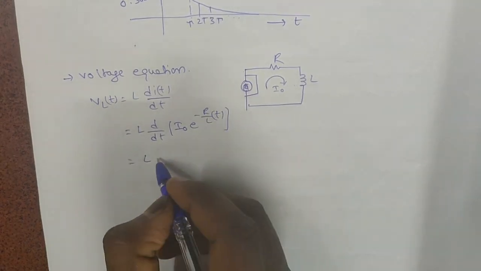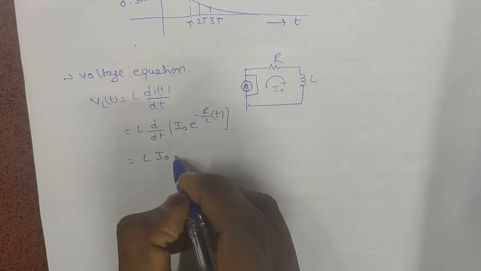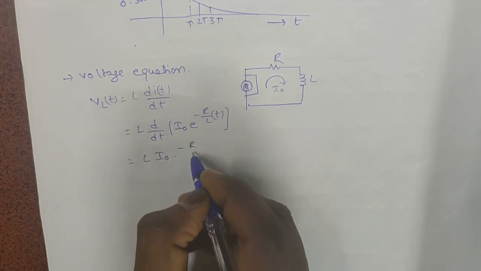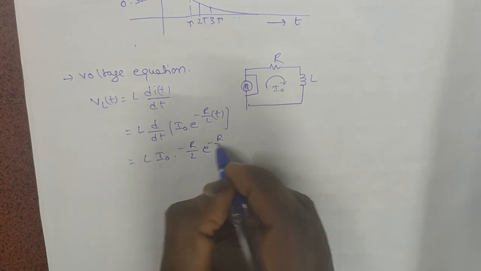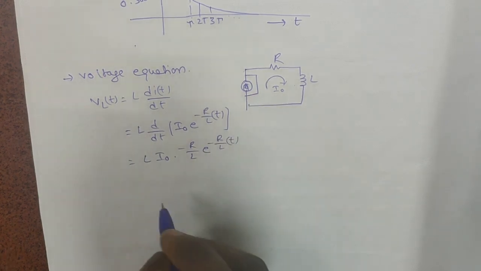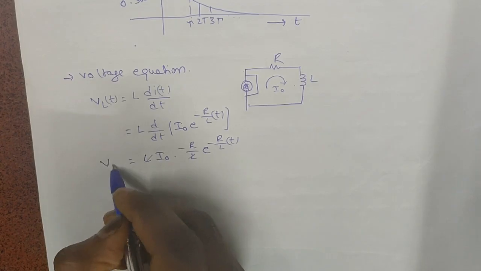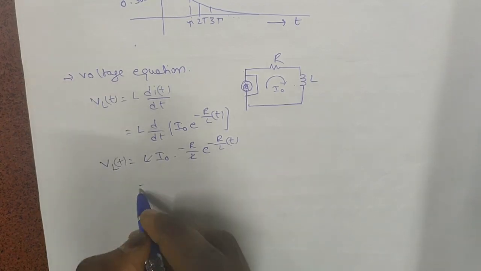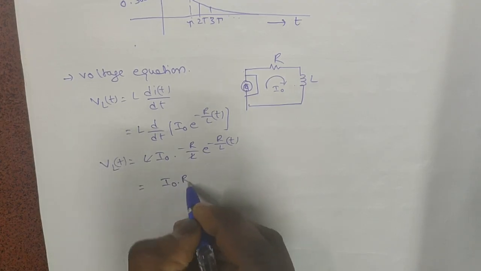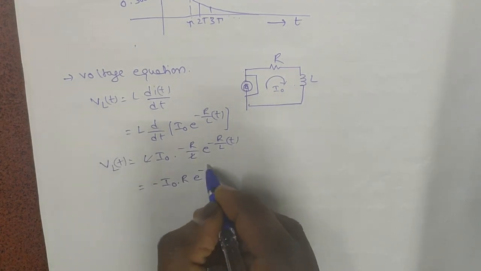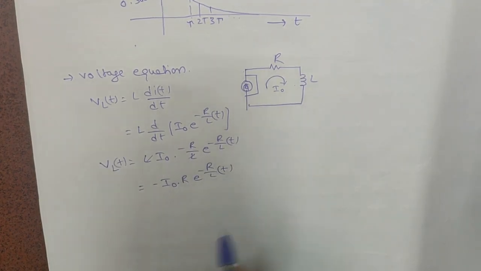Now differentiating, I naught into minus R by L into e power minus R by L into t. So L will be cancelled out. The final expression will be I naught into R into e power minus R by L of t.